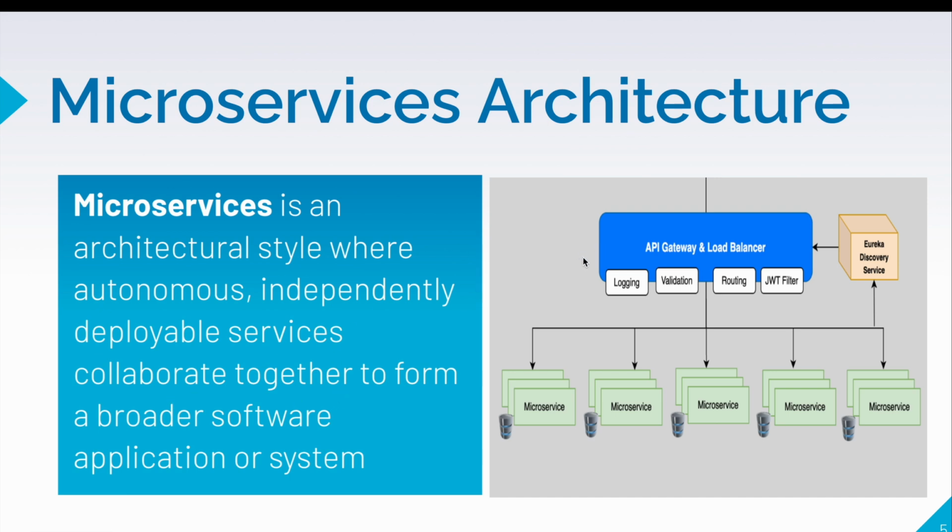So each of these is an autonomous service: API gateway and load balancer, Eureka discovery service, and microservices are all autonomous services, and they are independently deployable, meaning that you can deploy this microservice independent of this microservice or this microservice. So they are independently deployable and they collaborate together. They interact with each other to form a broader software application or system.